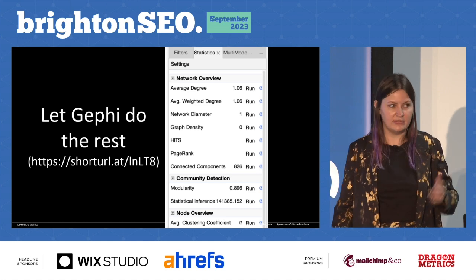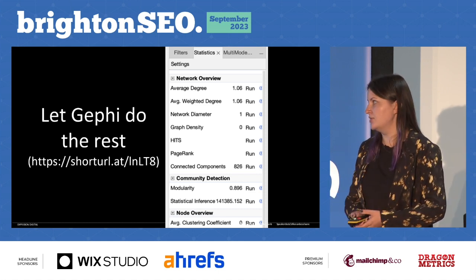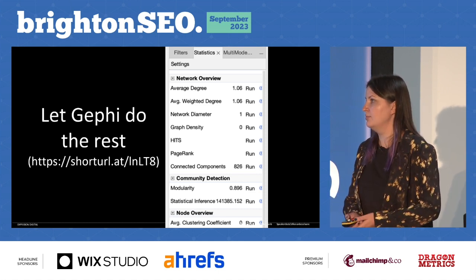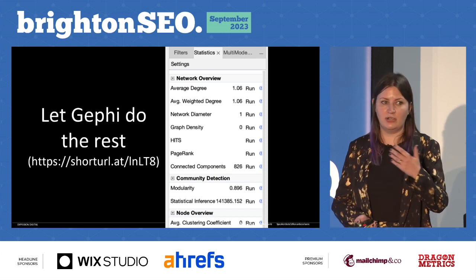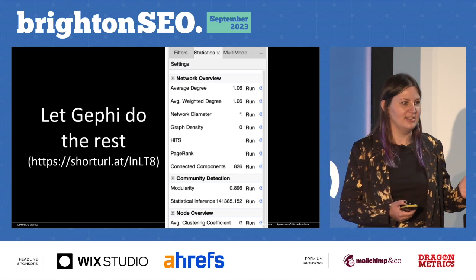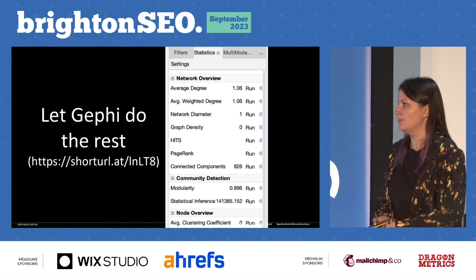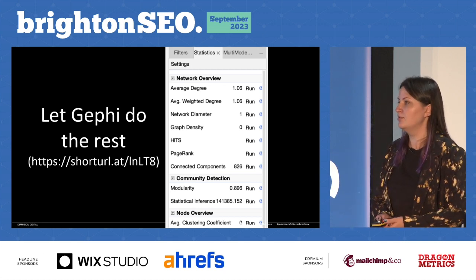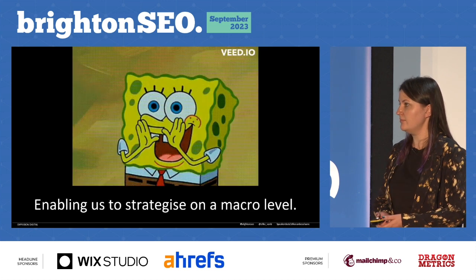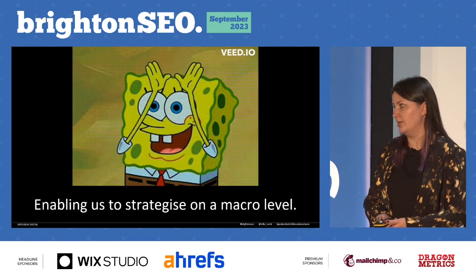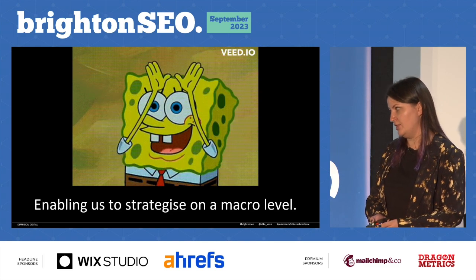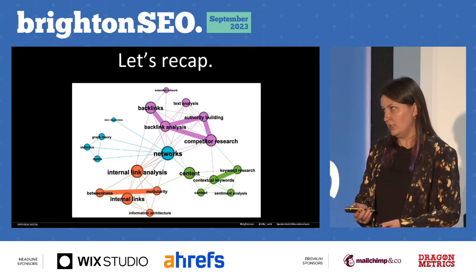So even if you have a massive network, you can look at all those things one by one and filter them down and do whatever you like. There's a lot more on here, obviously. If you are interested in learning more, you'll have to take a bit more time and read up on that. But I think these are the basic things that you really need. So I think you can all go out, spot networks in the wild, and hopefully do your strategy on a macro level with network analysis.